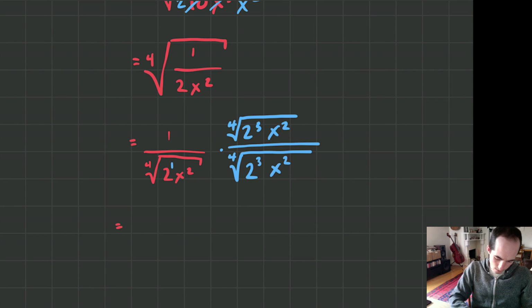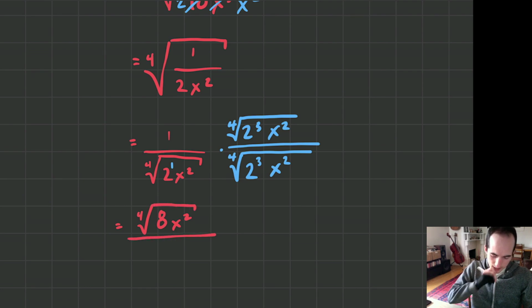And what I'm left with is the following. I've got the fourth root of, let's simplify that a little bit, 2 cubed is 8, and I've got x squared. So I'm going to have the fourth root of 8x squared on the numerator. And the denominator, I'm going to have the fourth root of 2 times 8, which is 16, and x squared times x squared is x to the 4.